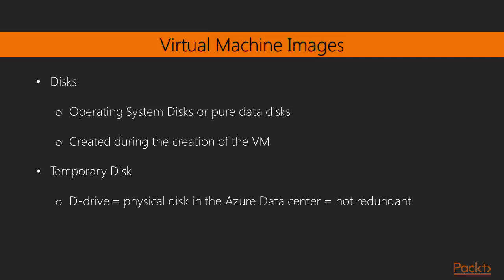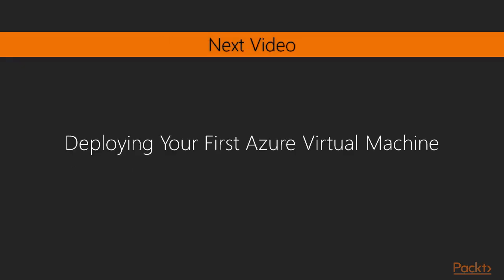So keep in mind, you basically should never use the D drive for storing critical data, because when the machine fails over, you will lose the data on the physical D drive. So the recommendation would be to only use the D drive for temporary information, like a Windows page file, for example.